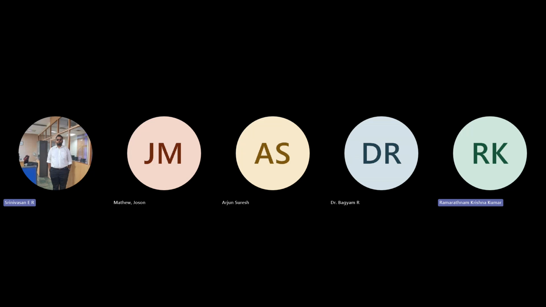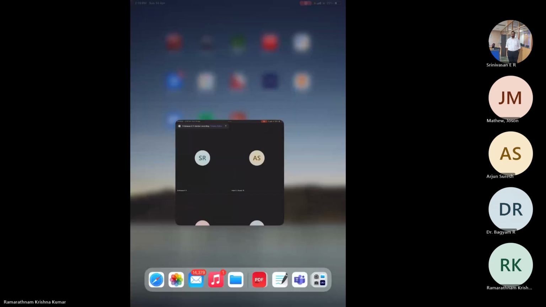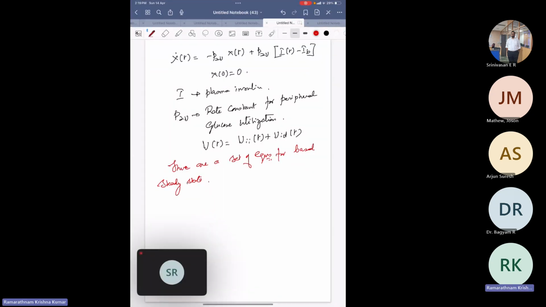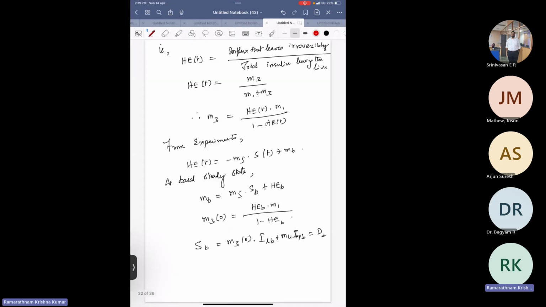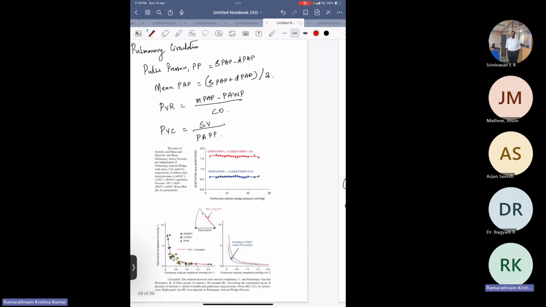So the point is, let me share my screen. So Arjun, what I am going to do is to explain to you the glucose model.